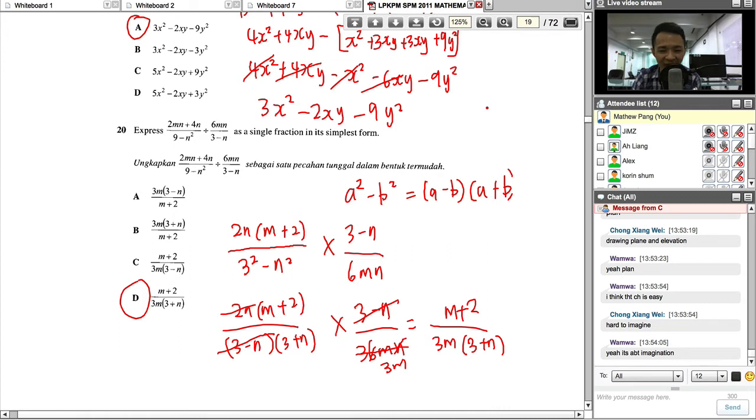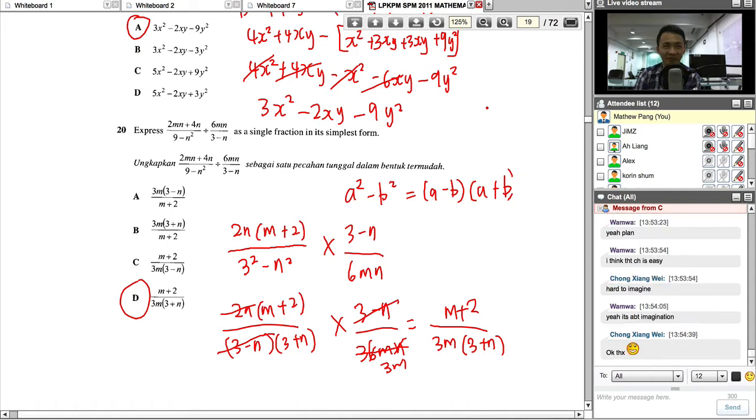Or if you have any question you think is very hard to imagine, send the question to my Facebook page, then maybe I can post a video to help you understand. For that I need a proper place to draw it. If I have a video camera, paper, pen and ruler, I can draw it for you. With a webcam and this kind of stylus, it's quite hard for me to draw a straight line.